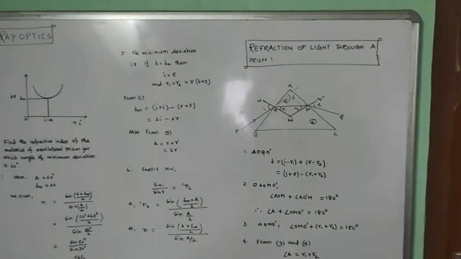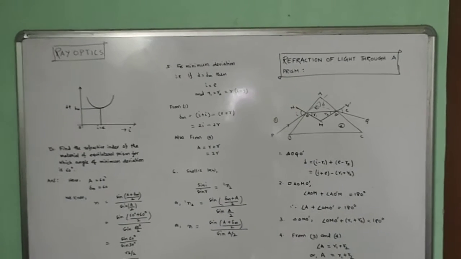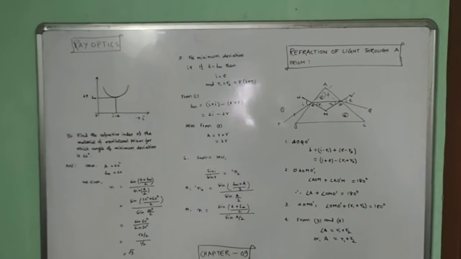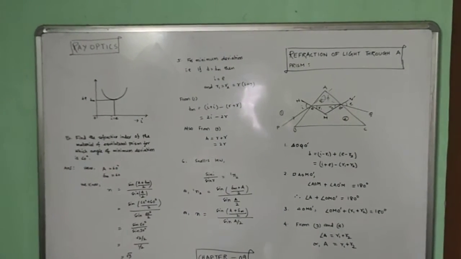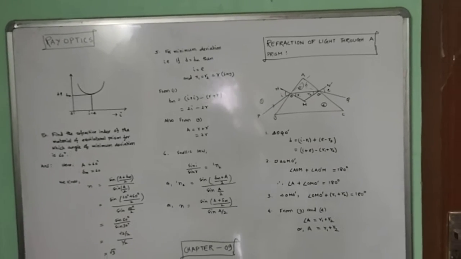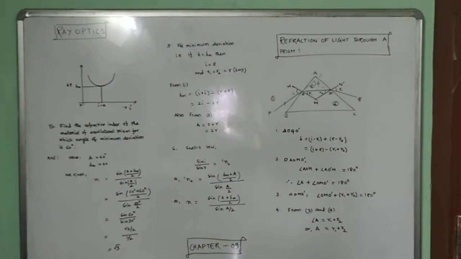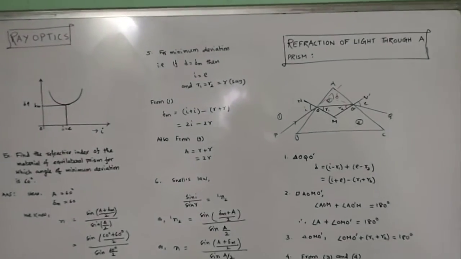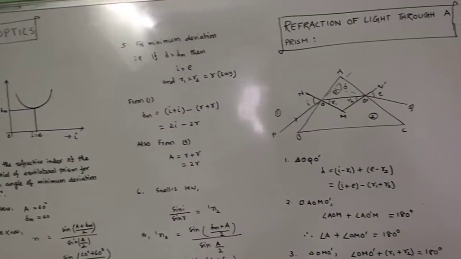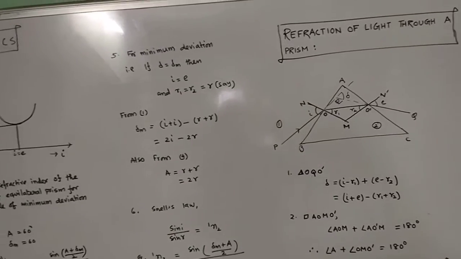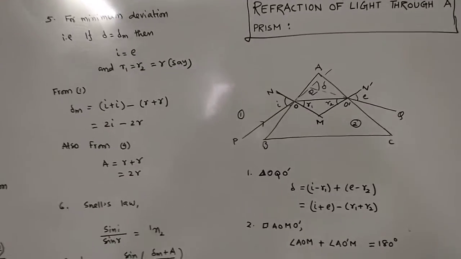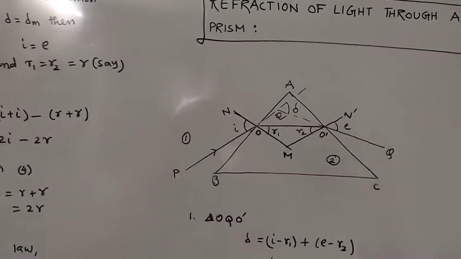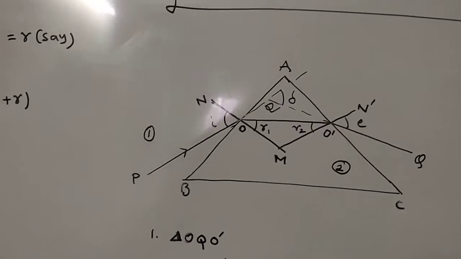Now initially you have the angle of incidence I, and then the angle of refraction is R1. Then further refraction occurs, and on the edge it has an angle of refraction R2. Now the further angle of incidence is R2.